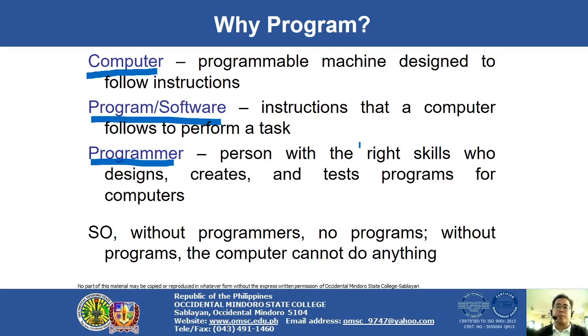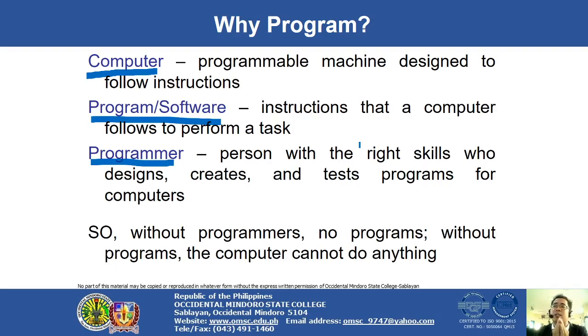Say, for example, the programmer creates a calculator for solving mathematical problems, such as addition, subtraction, multiplication, or division. That is the task to be performed by that software. So the programmer creates a program for mathematical calculation, and that program is called software. That is the instructions that the computer follows to perform a task.